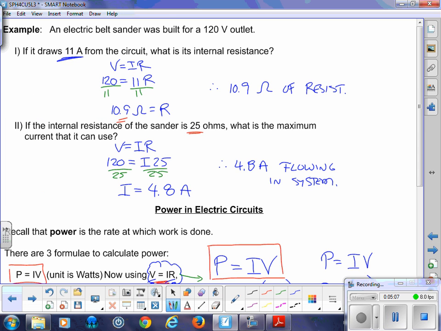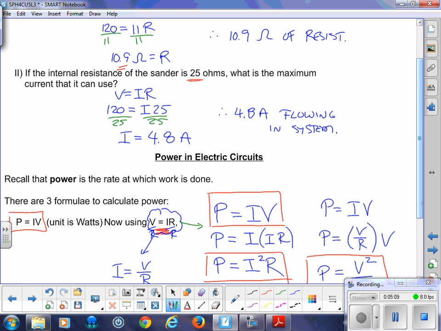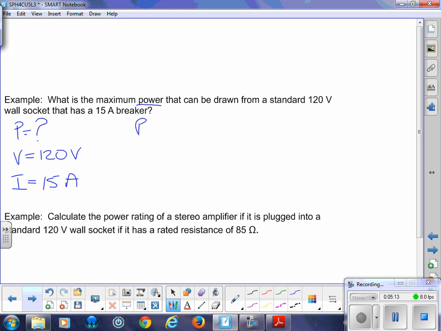I've got V and I, so power is I times V, the initial formula. P equals IV. So we have 15 multiplied by 120, which is 1800. And remember, power is in watts. So therefore, 1800 watts of power.